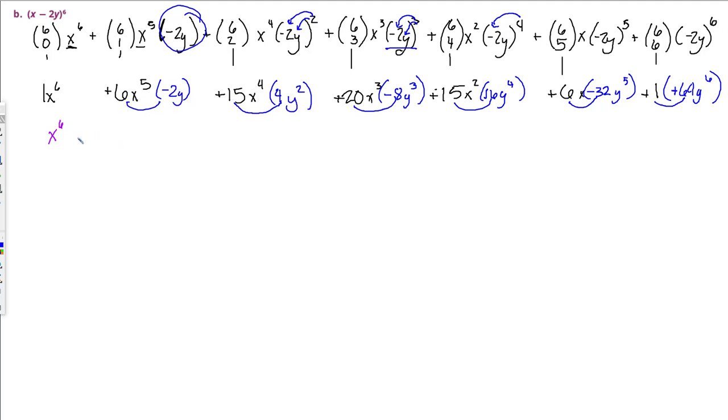Negative 2 times positive 6 being negative 12, x to the 5th, y. 15 times 4 gives us 60, x to the 4th, y squared. 20 times a negative 8 gives us what? Negative 160.